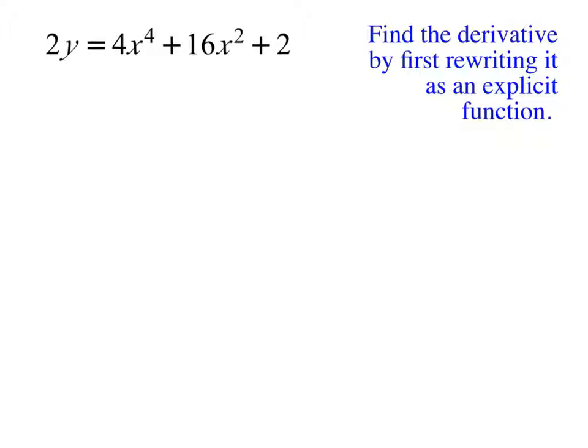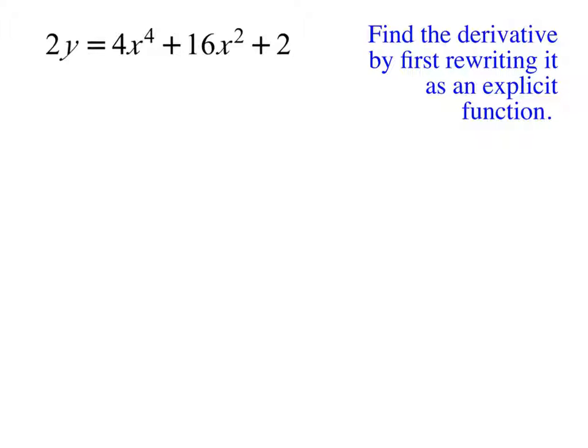Now for this first equation that we work with, this is an implicit function, but this particular one could be derived using a couple different methods. The first is a method that we already know. We can actually start by just writing this as an explicit function and then taking the derivative using all the rules we already know and love so well.